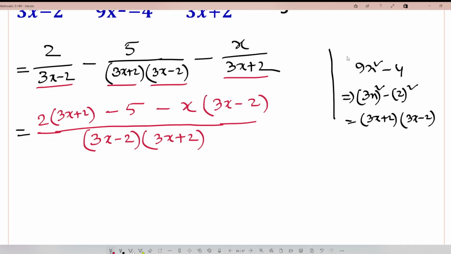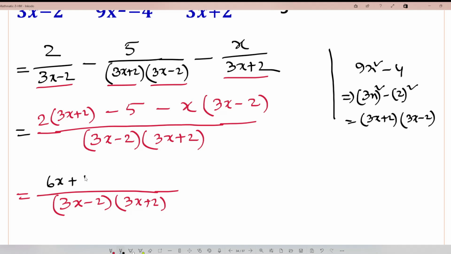Now look, here is (3x minus 2)(3x plus 2), and here we can write 6x plus 4 minus 5 minus 3x squared minus 2x. The 2x will not be minus, it will be plus 2x, right, because minus and minus will become plus, okay.